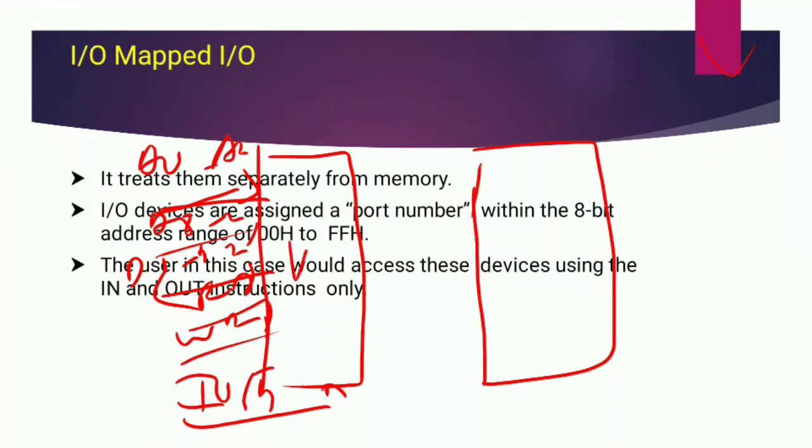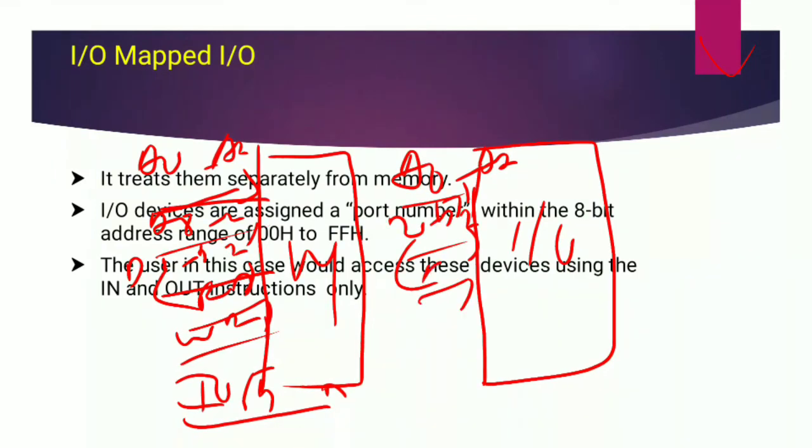This is for the memory and this is for the IO. A0 to A7, D0 to D7, read, write, and IO/M bar, which is having the NOT gate.